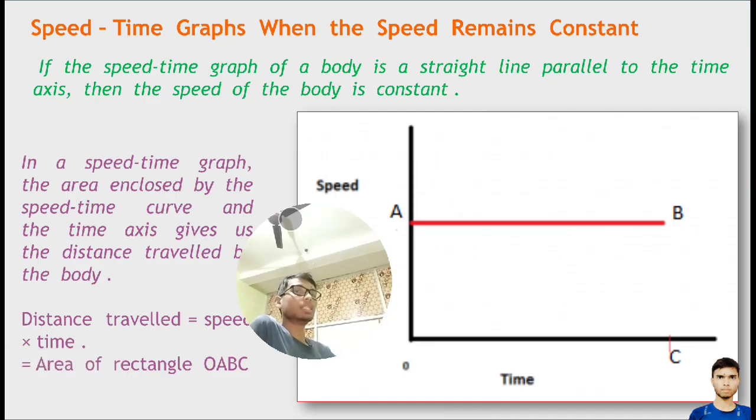This slide was about a speed which remains constant. Then what type of line will be created on the graph? Of course this type of line, parallel to the time axis.